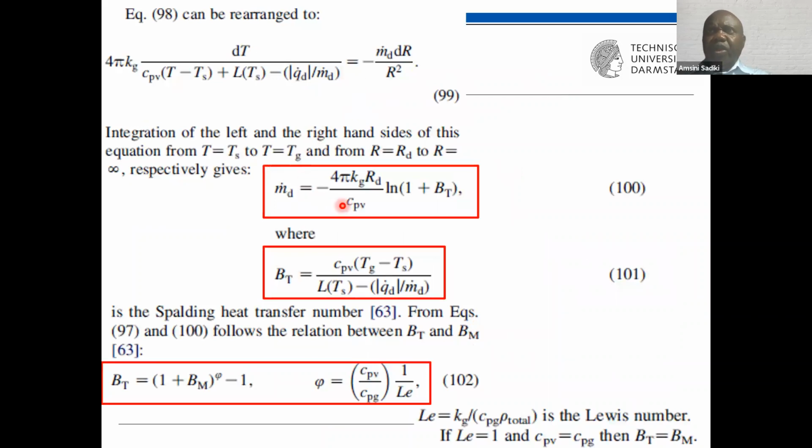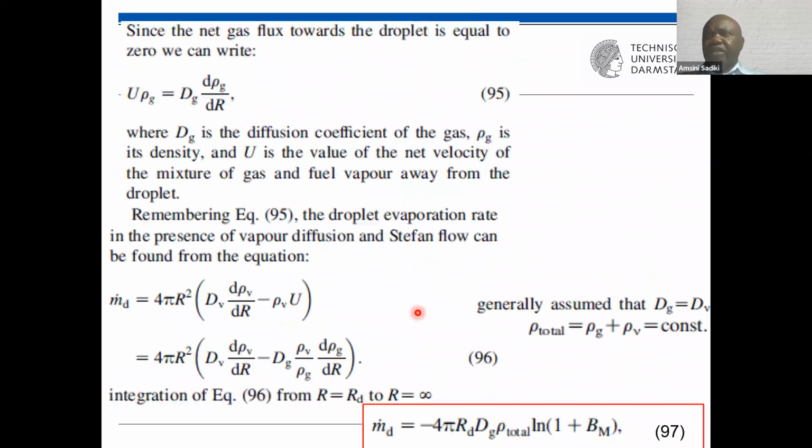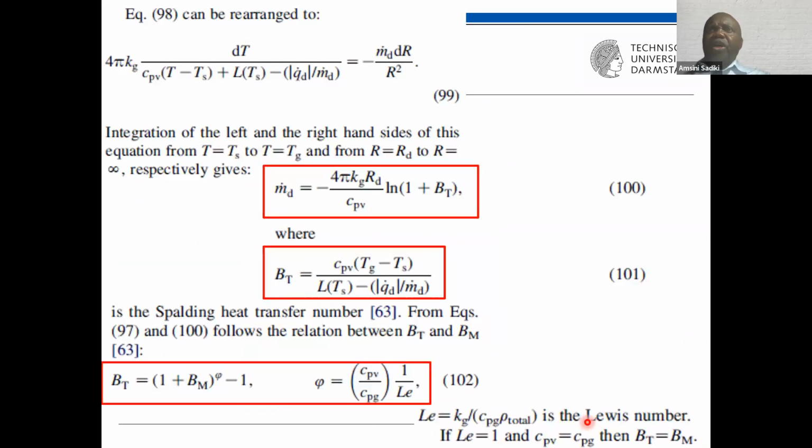And we obtain this now as a function of BT, and BT is the Spalding heat transfer number. This means that this expression is equivalent to this one, in which we have the Spalding mass transfer number. We put them together. The BT is given by this expression we obtained from here.